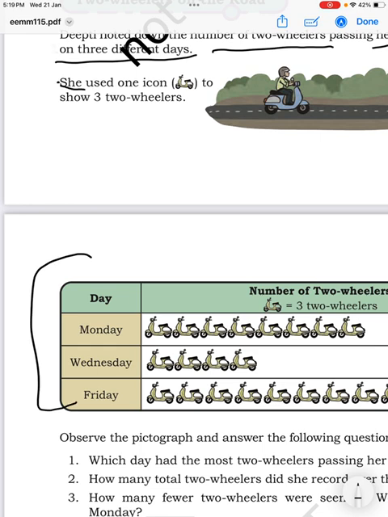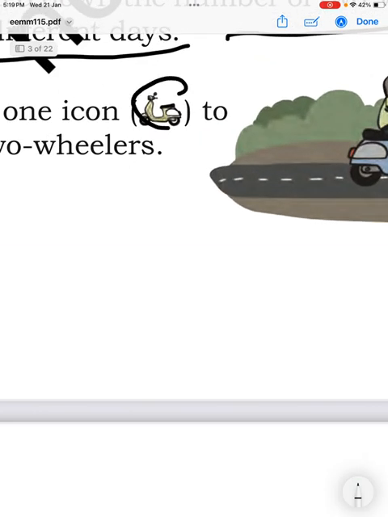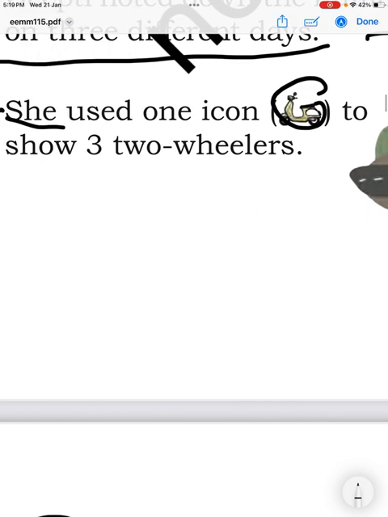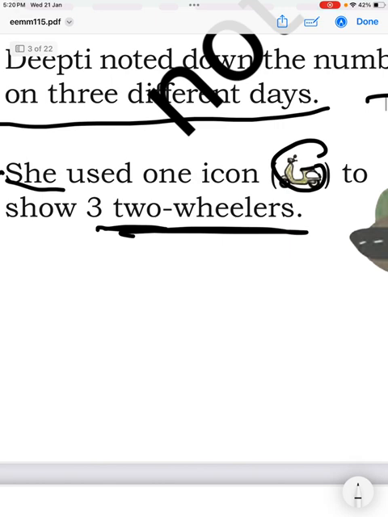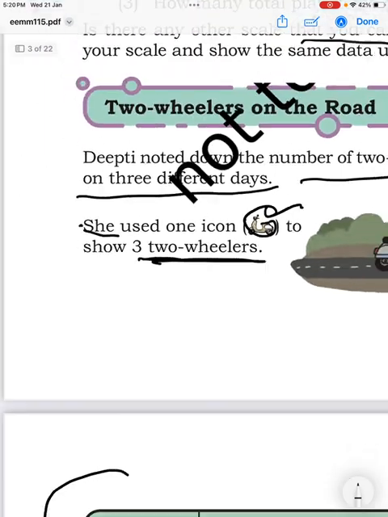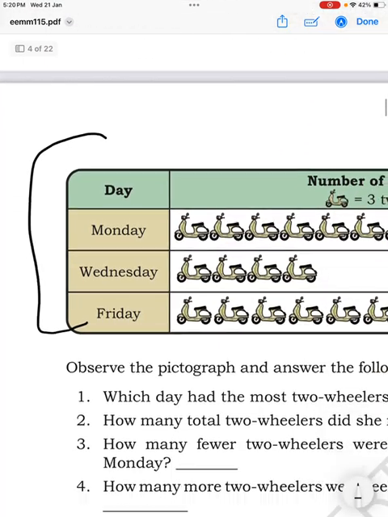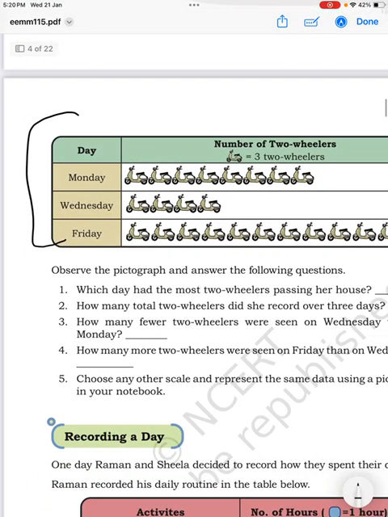She used one icon. This one icon shows 3 two-wheelers. It means if one picture of this is there in the data, she is mentioning 3 two-wheelers.